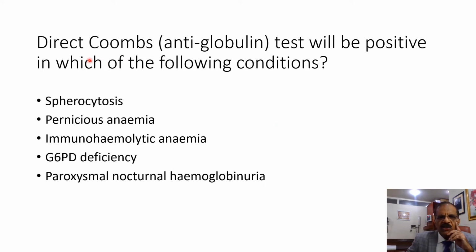And I told you in my lecture that direct Coombs test will test the presence of antibodies which are immunologically bound to red cell antigens. So in which do you think these antibodies will be positive?